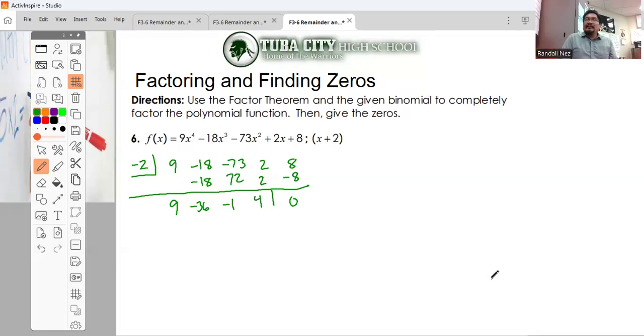But again, as long as you've got your synthetic division down, there should be no issue. All right, and now let's put the x's back on because that'll help us tell what our next step might be. We started out with a 4th power, so we're going to reduce it by 1.